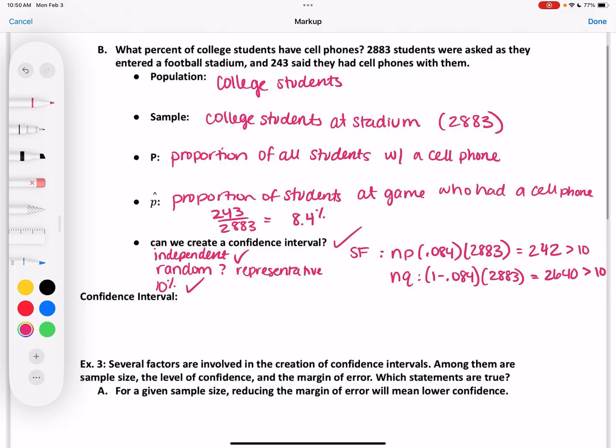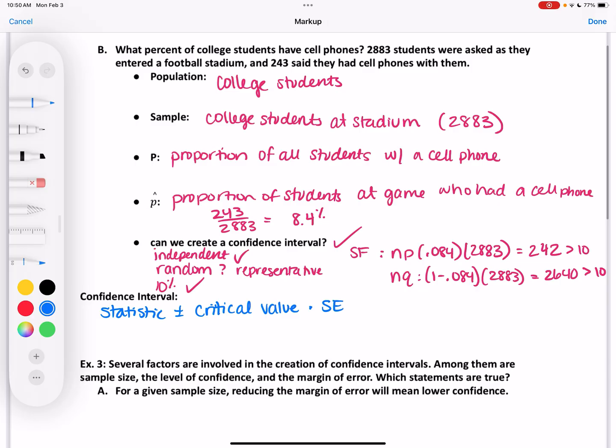All right, so this thing here that says confidence interval, this is where we're going to write what that would look like for a generic. So it's the statistic plus or minus the critical value, and I'm going to write it in symbols also, times the standard error.